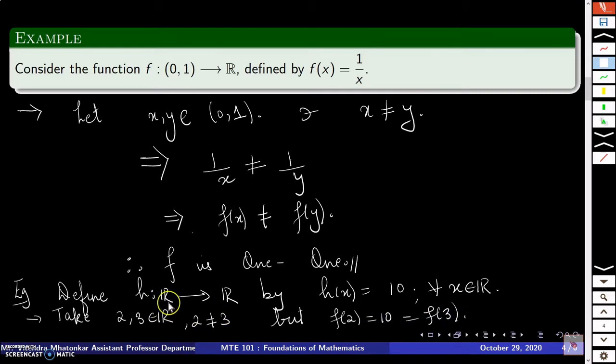So different points are there in the domain which have same images, right? So this function, sorry, this is h and not f, this is h here. Okay, so let me correct that. So h of 2 is equal to h of 3 is equal to 10, right? So the function h, which is the constant function, is not 1-1. Clear? So this is an example of a function which is not 1-1.